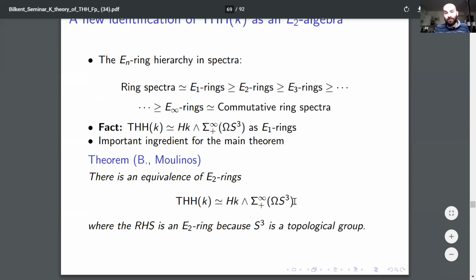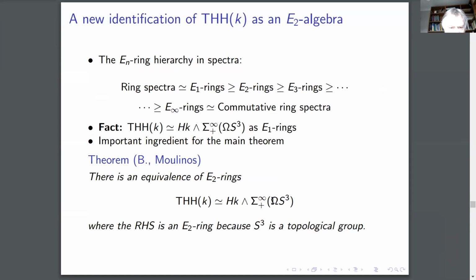Now, S3 is an E1 ring... No, right. So its loop space is E2. S3 is E1 because of quaternions, it's a topological group. So this thing is E2. We show that these are equivalent as E2 rings. We believe it's an interesting result on its own, and it's an input to our computations too.